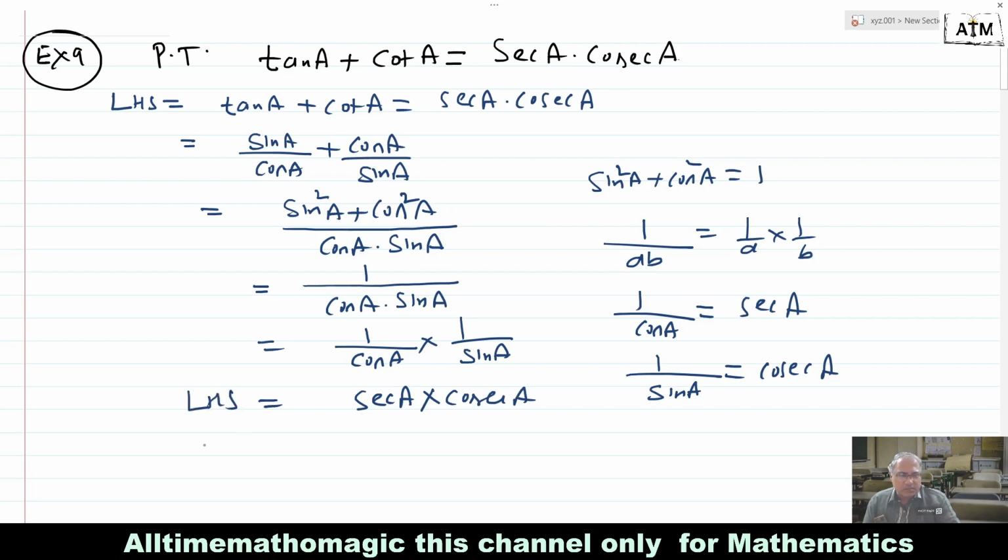Sec A into cosec A is the RHS. Therefore LHS equals RHS is proved.